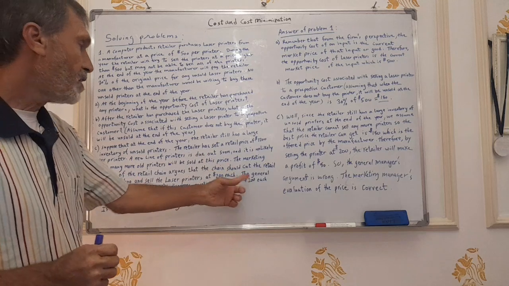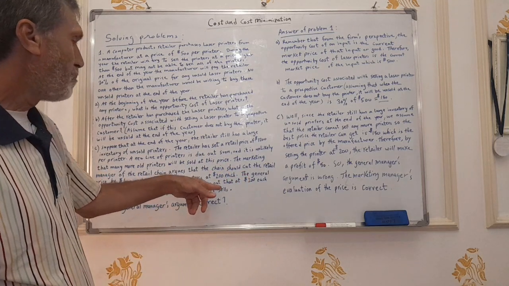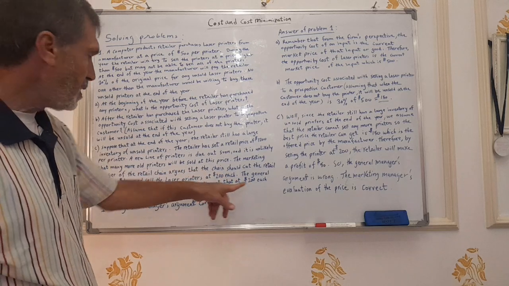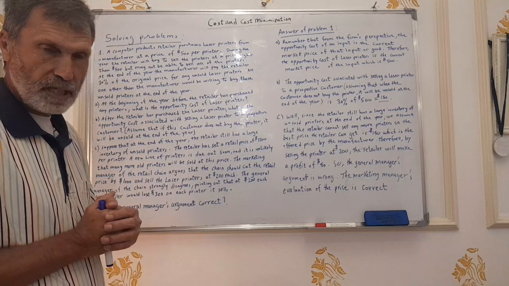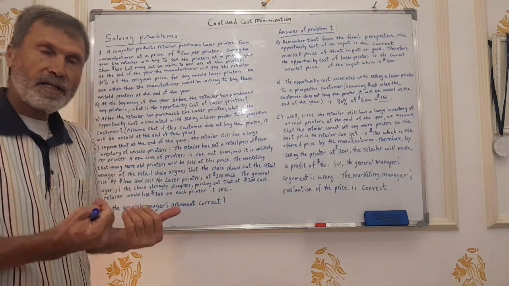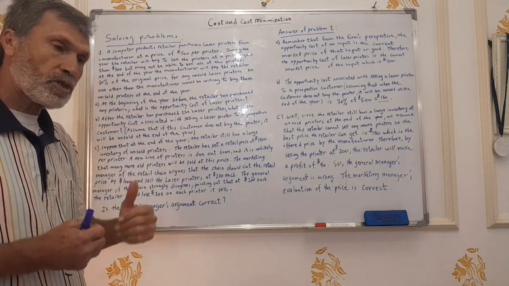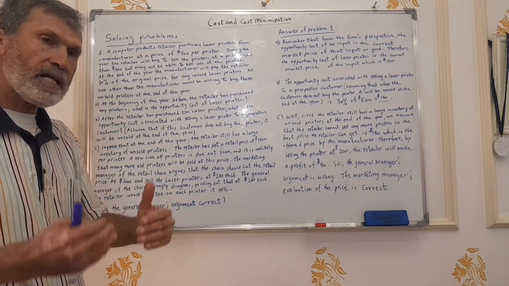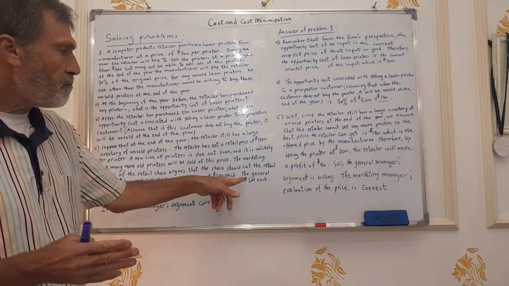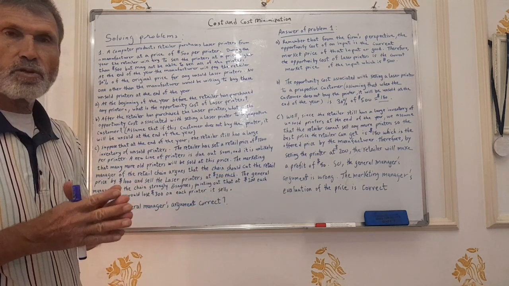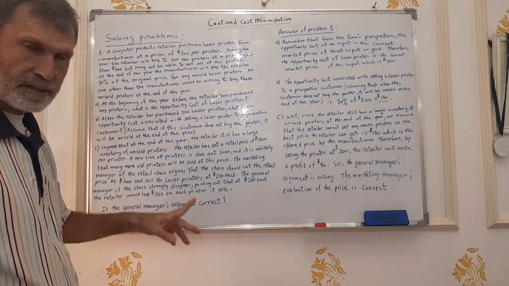The general manager opposes this idea because he points out that at $200 each, the retailer would lose $300 on each printer it sells. Why? Because the retailer has purchased each printer for $500 from the manufacturer. So when the retailer sells each laser printer for $200, the firm is going to lose $300. Now the question here: is the general manager's argument correct?